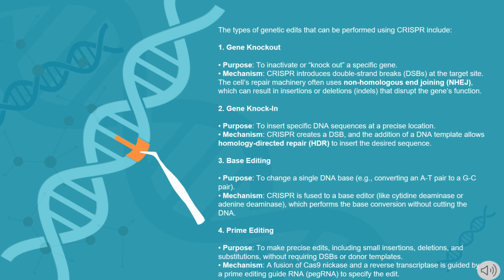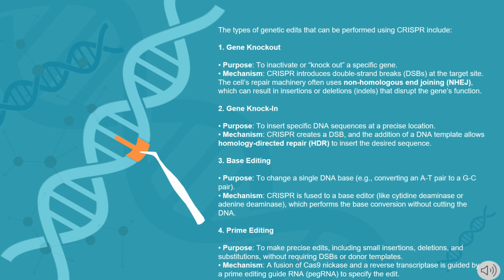Purpose: to change a single DNA base, e.g., converting an AT pair to a GC pair. Mechanism: CRISPR is fused to a base editor like cytidine deaminase or adenine deaminase, which performs the base conversion without cutting the DNA.